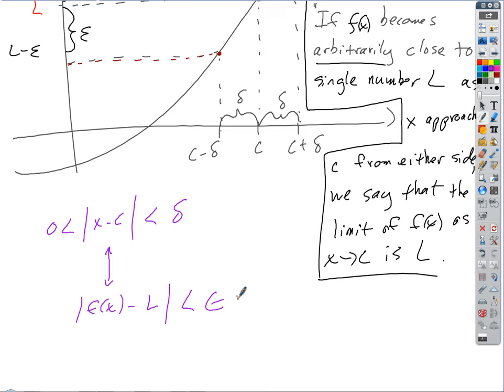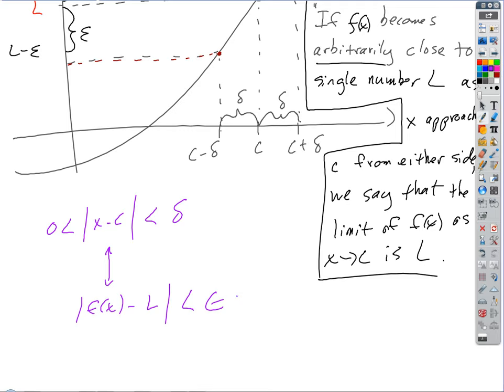And I should be able to get arbitrarily close, by getting arbitrarily close to C, I should always be able to get closer to L, right? My y value. We want to make that connection, right?